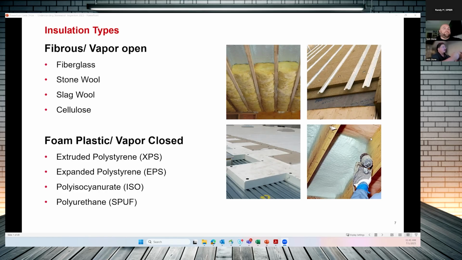And then within the vapor closed, we would have XPS, EPS, ISO, and SPF. Now, this will play a bigger role when we get into the building science, as far as vapor flows, looking at exterior insulations. This idea of vapor open versus vapor closed will become, as we get to the second half of this, a bigger talking point. But first, we're going to go through what is stone wool.